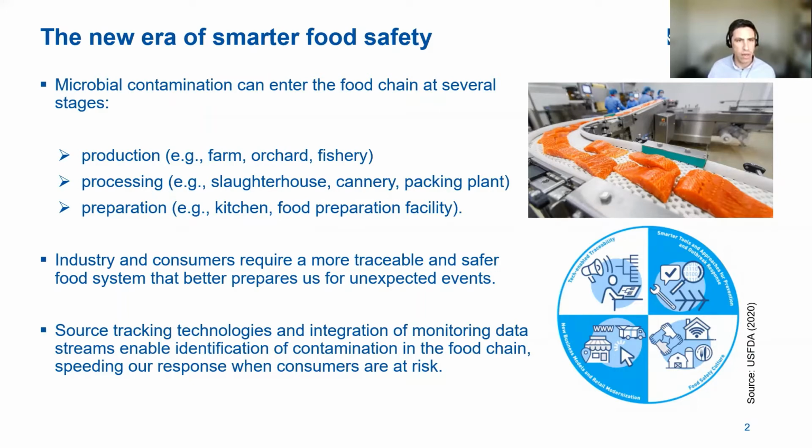In this new era of smart food safety, our ambition is to leverage technology to create a safer and more traceable food safety system. So I will show you that sanitary profiling and FST can play an important role in meeting this objective.